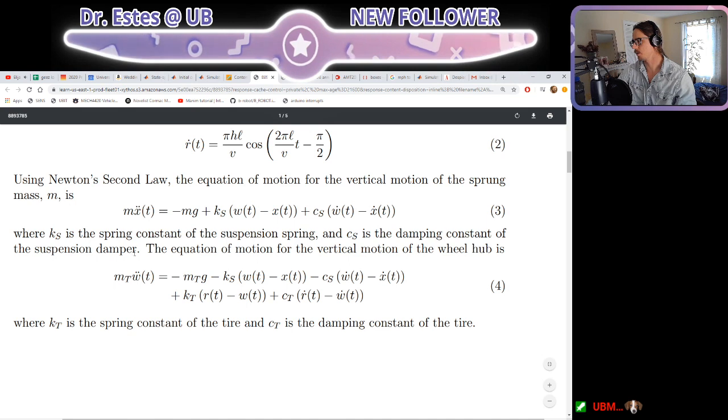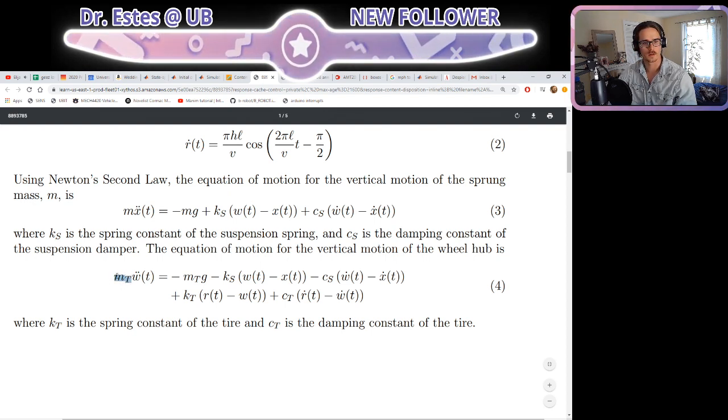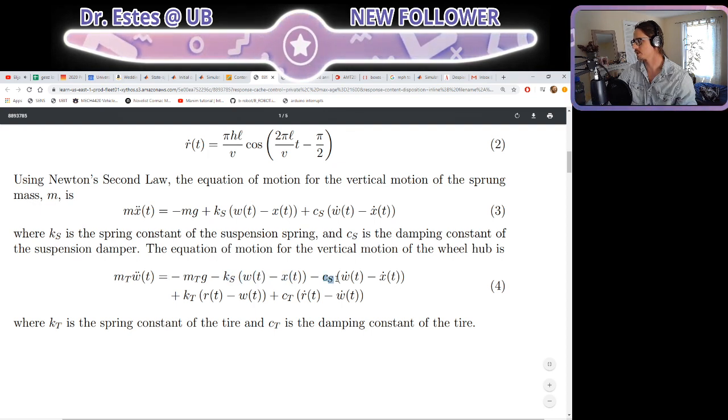And then the second one is the sum of forces on the wheel hub. So this is the mass of the tire and wheel combination. And this is a little bit of a longer expression because you have the suspension spring and the suspension damper acting on the wheel hub, but you also have the tire.